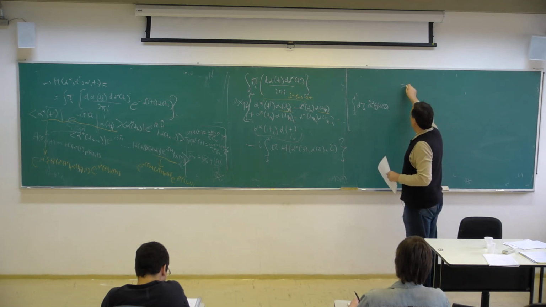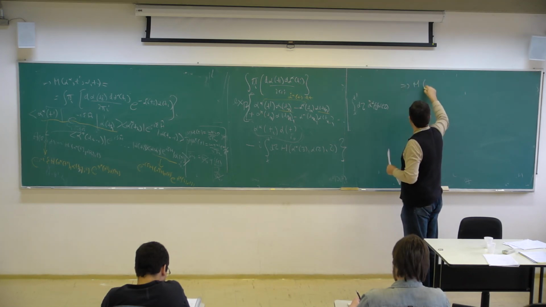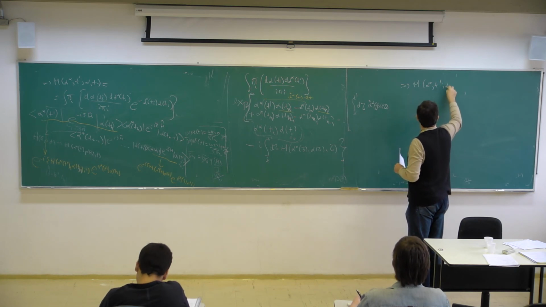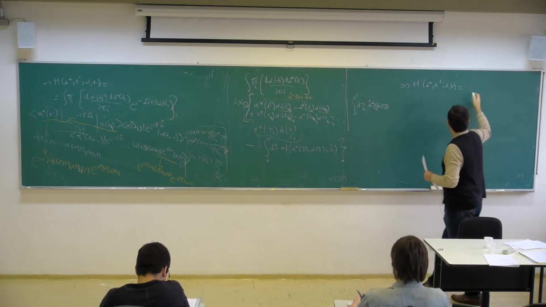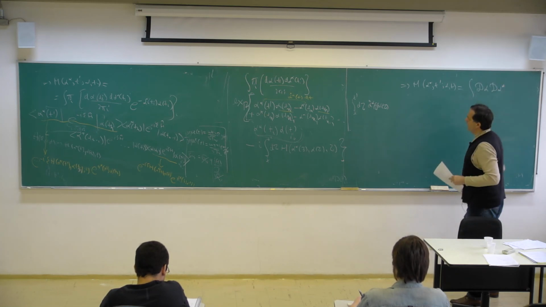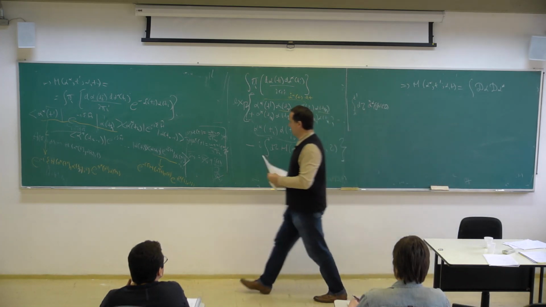So all in all, we get that m of alpha star t prime alpha t is this path integral that I decide to call d alpha star.